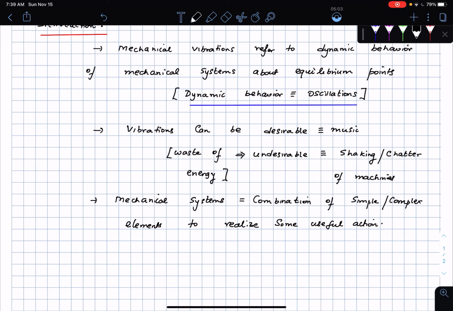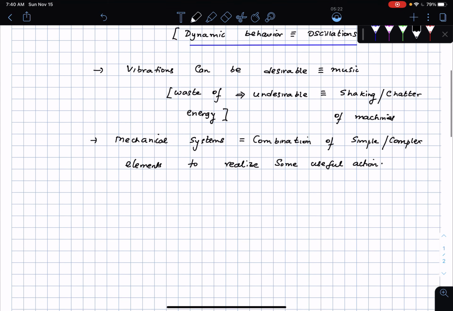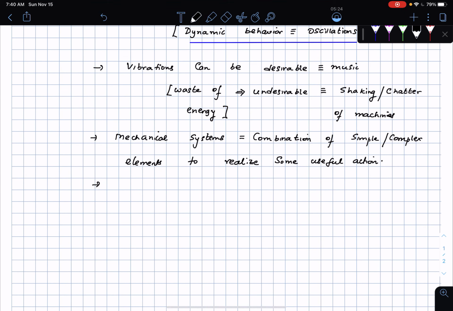Your automobile is a mechanical system. You have a complicated array of things that are connected together to realize a useful action, which is in the form of motion. So why do we need to study the vibrations of mechanical systems? We want to understand the behavior of these systems, and we want to design practical devices that enhance our lives. So why study vibrations?